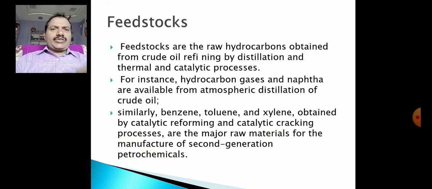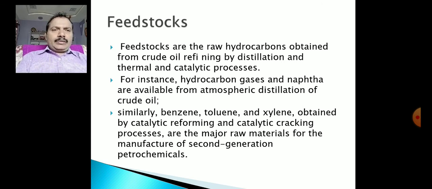Those are the feedstocks. Feedstocks are the raw hydrocarbons obtained from crude oil refining by distillation and thermal catalytic processes. For instance, hydrocarbon gases and naphtha are available from atmospheric distillation of crude oil that we have seen just now.